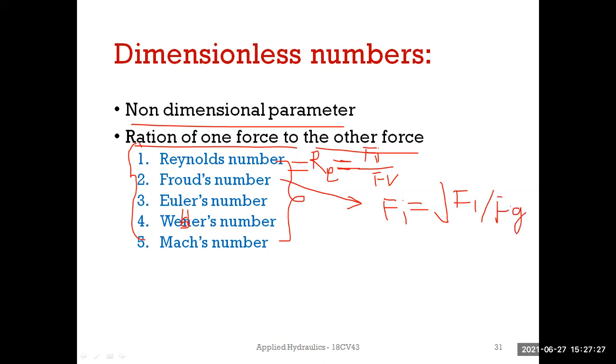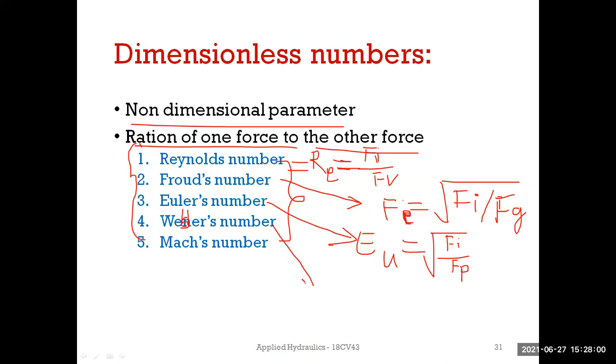So Fr is equal to square root of Fi divided by Fg. Similarly, the next is Euler's number, denoted as Eu, which is the square root of the ratio of inertia to the pressure force, that is square root of Fi divided by Fp.